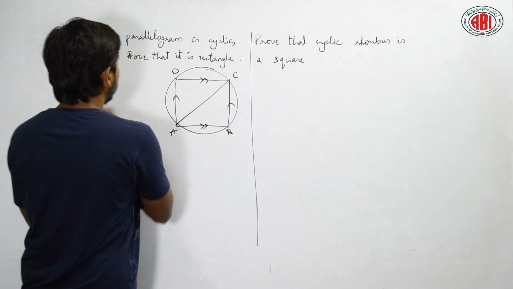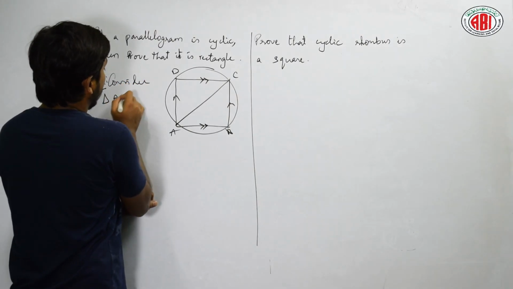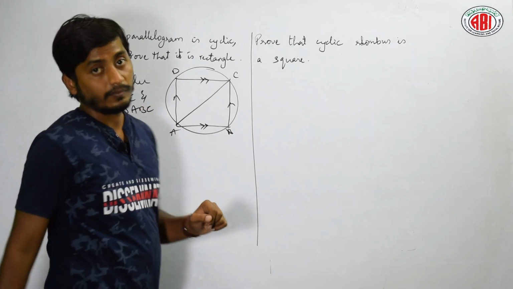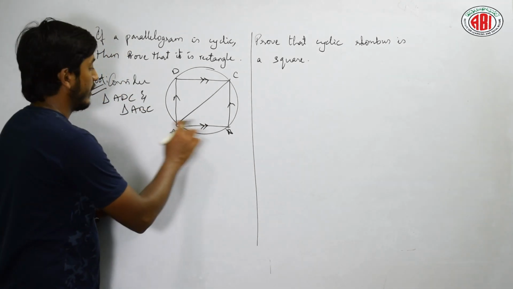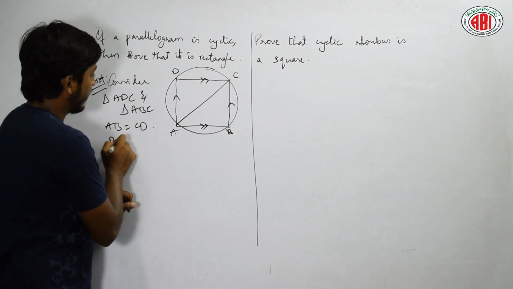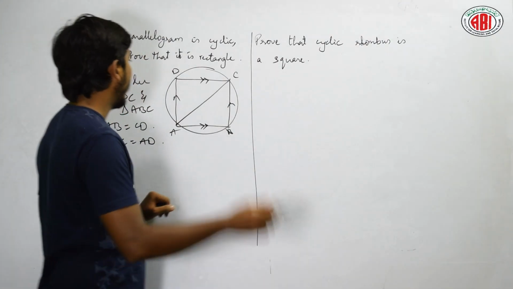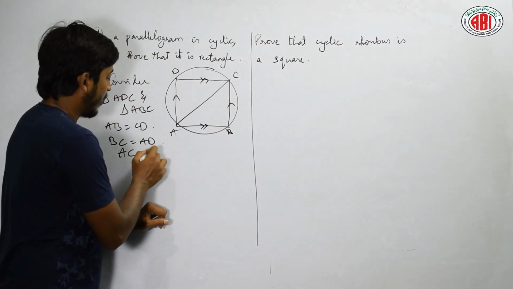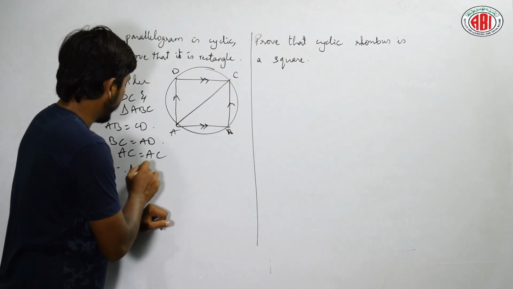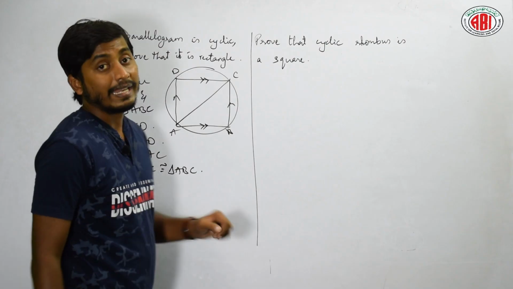See here. Consider triangles ADC and ABC. Okay, just equate them. AB is equal to CD and BC is equal to AD, right, and AC equal to AC, that is common. Therefore, triangle ADC is congruent to triangle ABC. Clear?